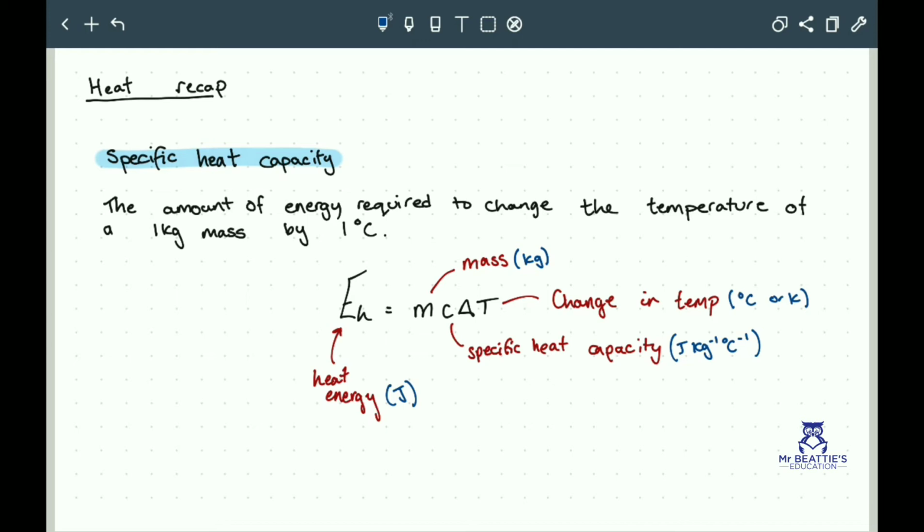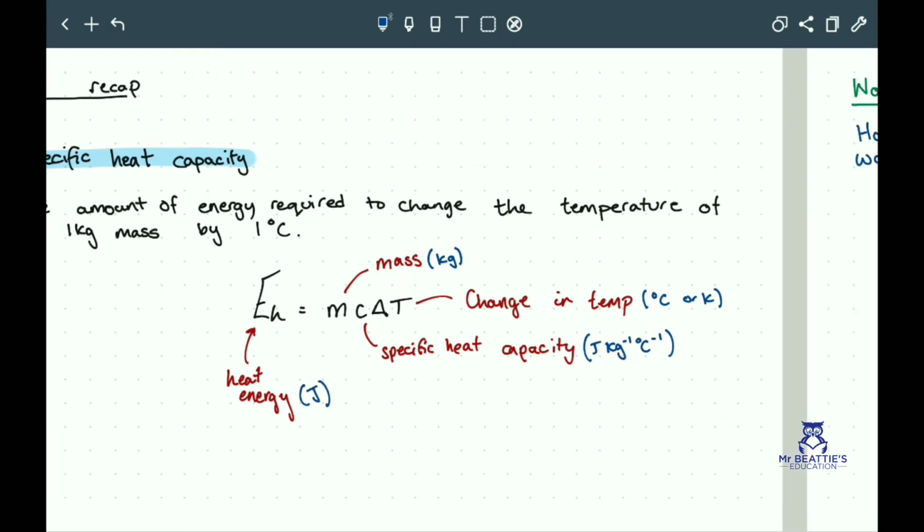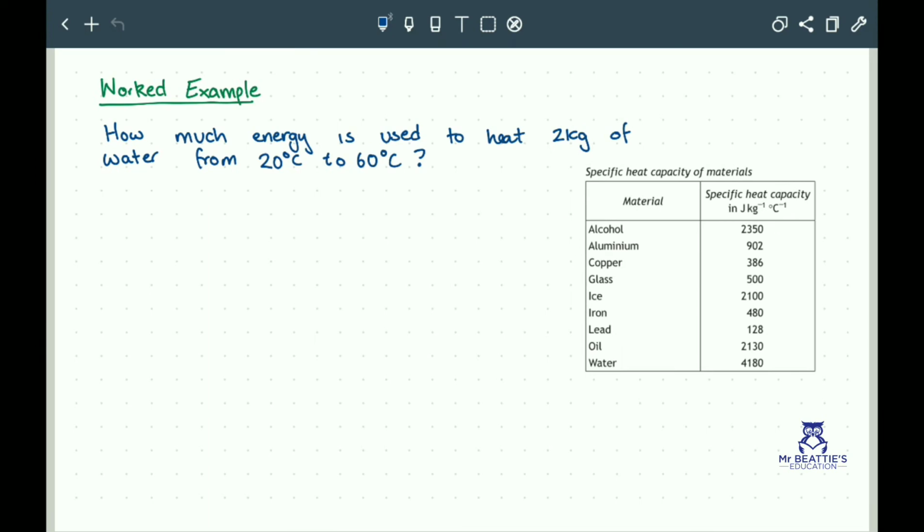So what we're going to do is a quick worked example, and just look at it in action. In our worked example: how much energy is used to heat 2 kilograms of water from 20 degrees Celsius to 60 degrees Celsius? As I've always taught you, the first thing you do with all calculation questions is you write down what you know.